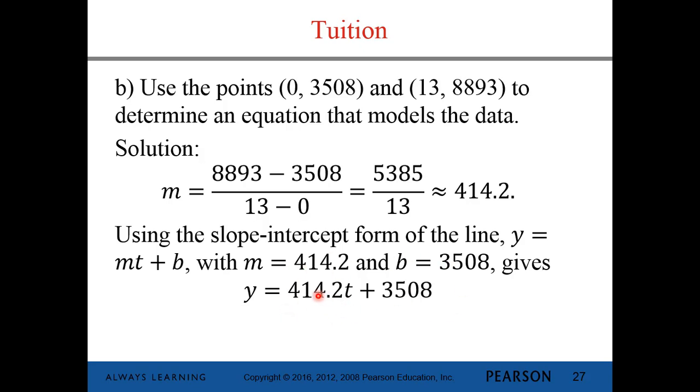The slope we've already interpreted. What does the intercept mean? That means that in year 0, the average annual tuition was about $3,508.